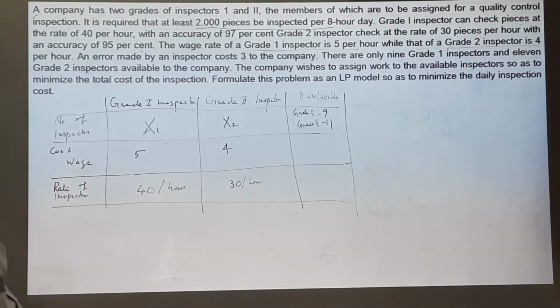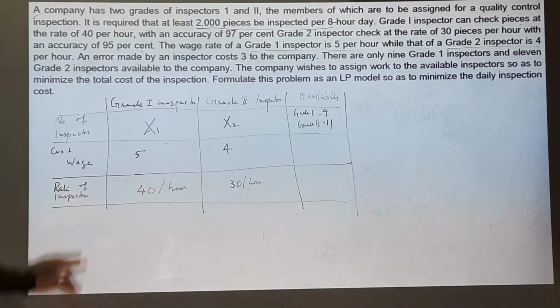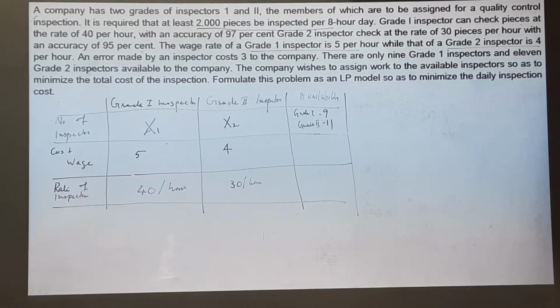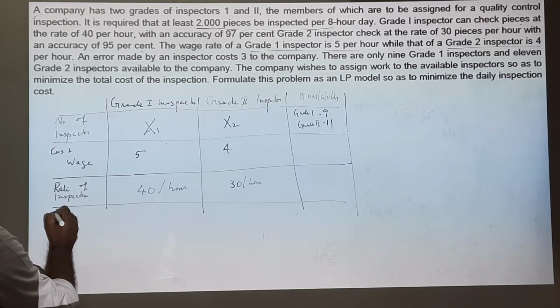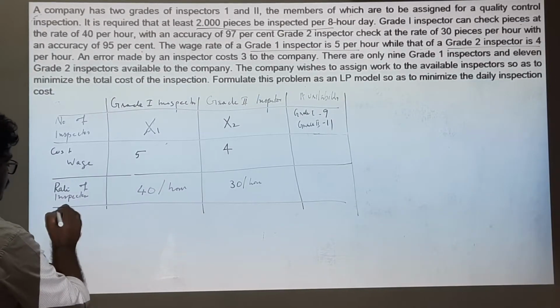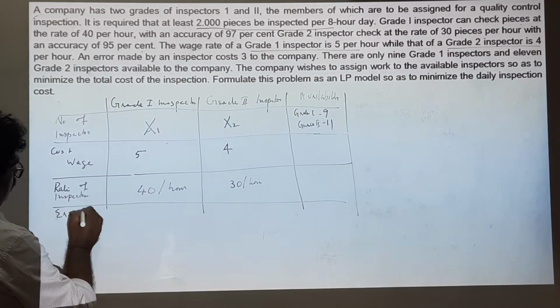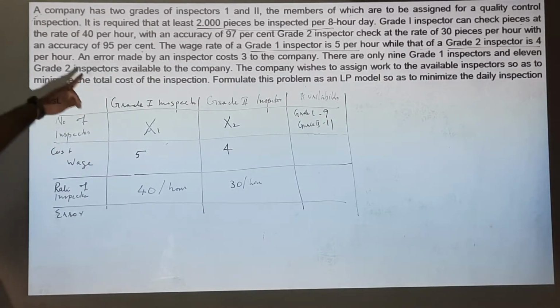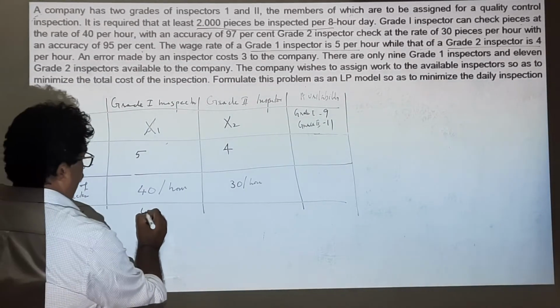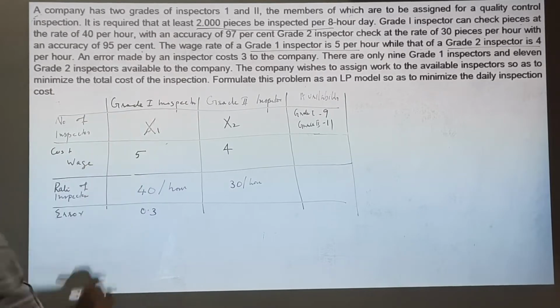Now I want the error. I am not writing down the accuracy rate. I am just writing down the defective items, or the error, the mistake if they commit. The rate probability is 0.03. That means 97% accuracy rate means 3% mistake, error rate.